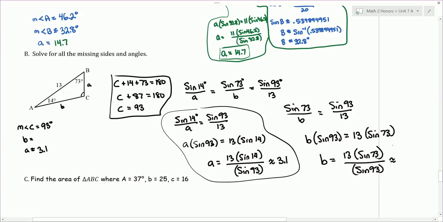Use your calculator. And you should get approximately 12.4.